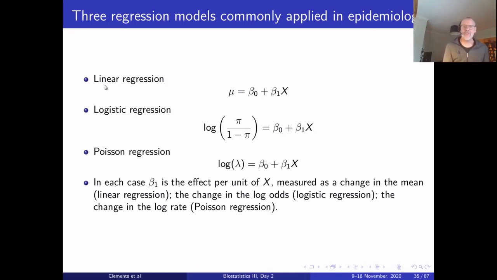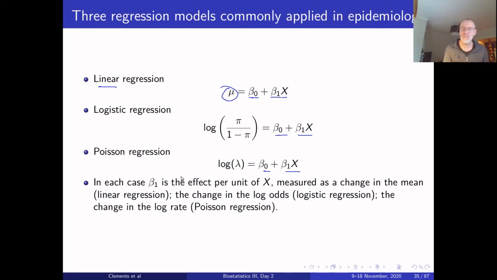So the formulas that we have for regression models so far: we have linear regression where the mean value is equal to an intercept term plus beta 1 times x, or if you've got logistic, then the log of the odds is equal to beta naught plus beta 1 times x, and in Poisson what we have is that the log of the rate is equal to beta naught plus beta 1 times x if we've got an intercept and one explanatory variable.